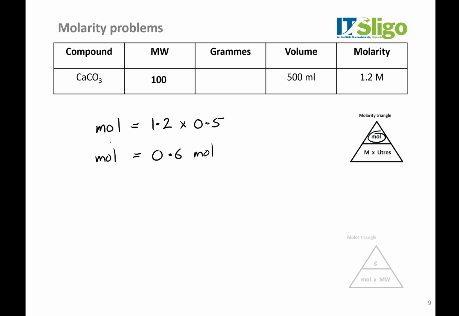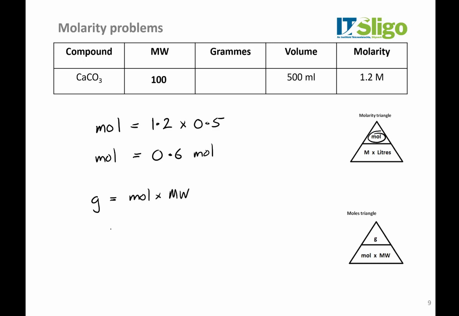And now we can move to the second triangle. We know the number of moles. We know the molecular weight. Grams is moles by molecular weight, which is 0.6 multiplied by 100. So the answer then is 60 grams.